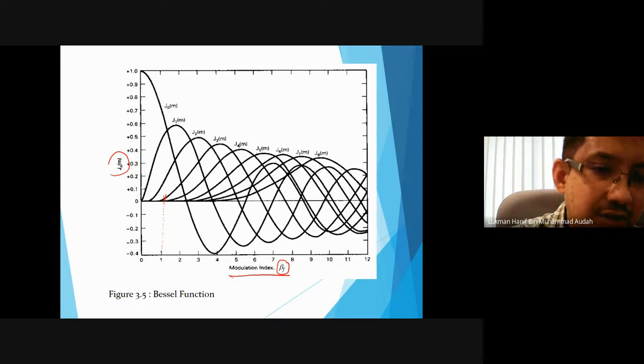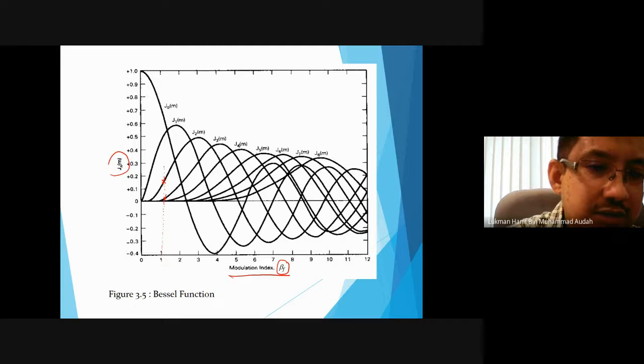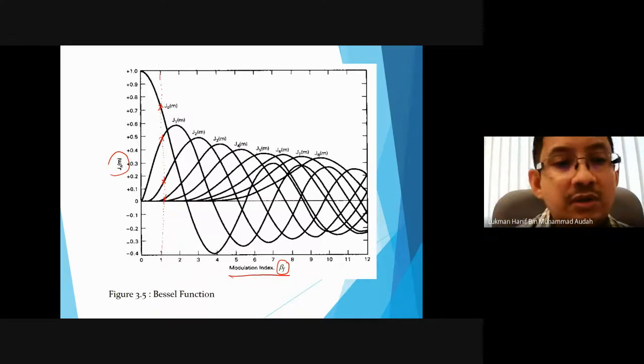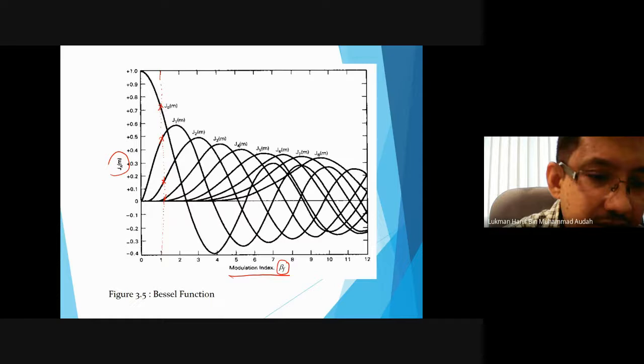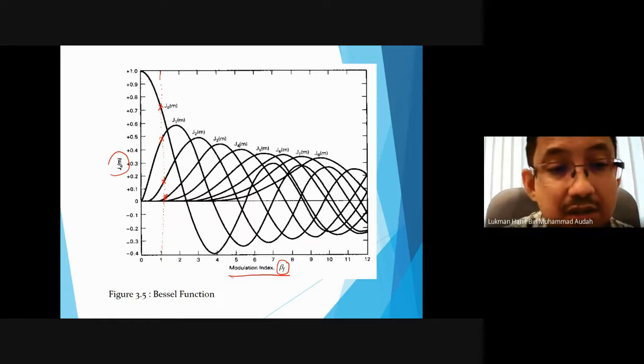J3. It will also cross at J2. It will cross at J1 and it will cross at J0. Ini kena guna pembaris baru nampak lurus. So these cross values are the values inside the table.